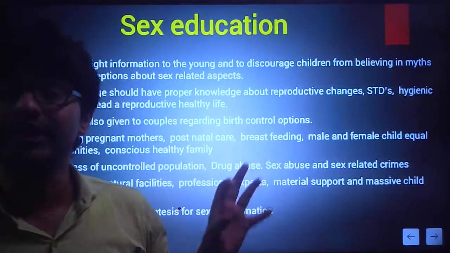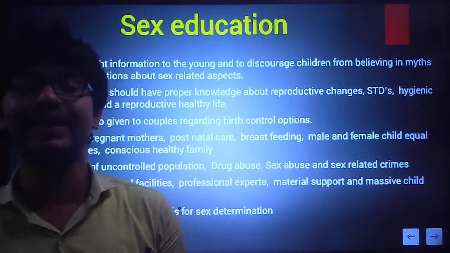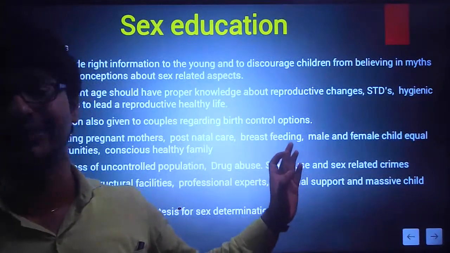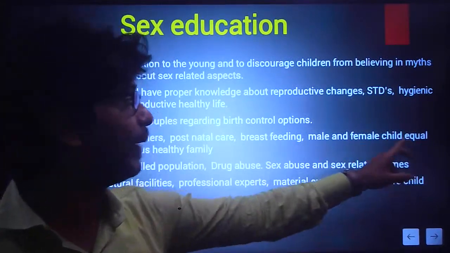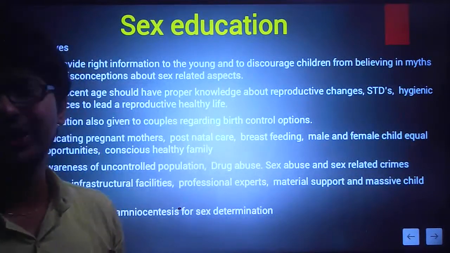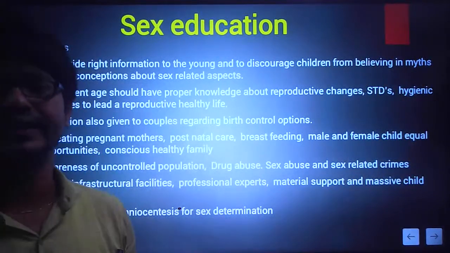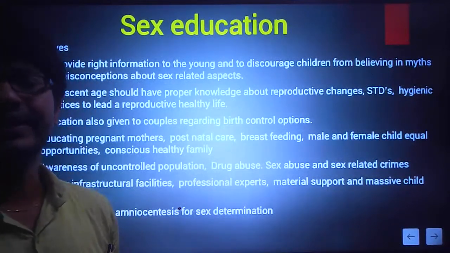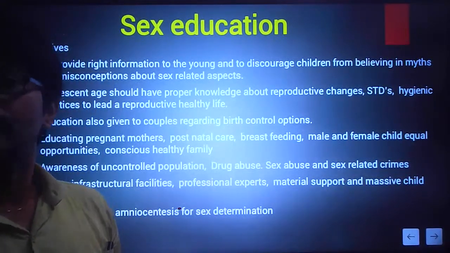So for that, the mother should be given proper guidance, stating that the mom should feed the baby on a regular basis, at least a minimum of 6 months, and male and female children should be given equal opportunity. We should not discourage, and we should not believe that a female child is not good and only a male child is good, right? Female infanticide, these practices should not be followed.